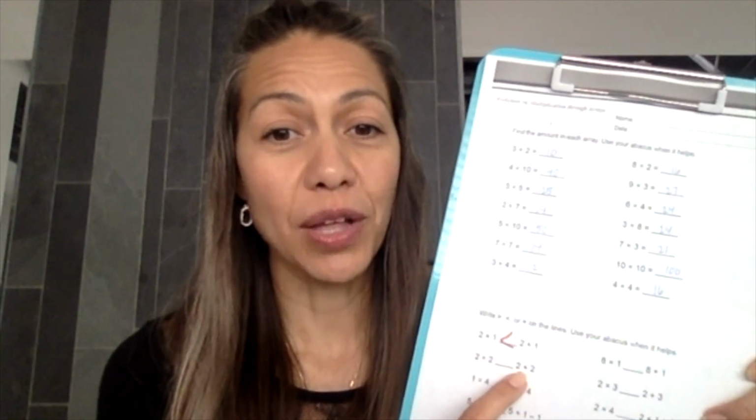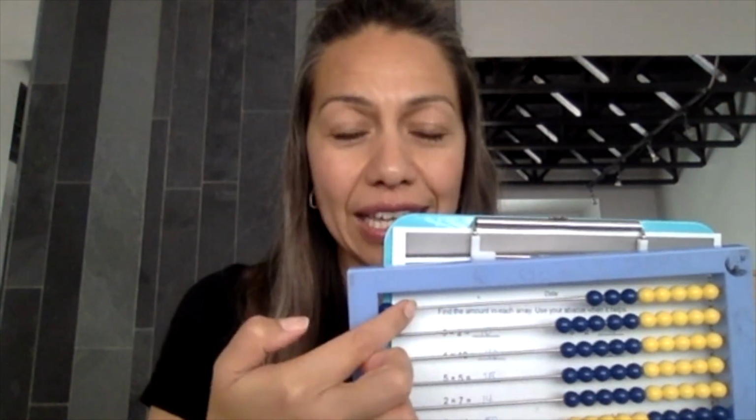I'm only going to do a few with you so that you can do the rest on your own and practice multiplying and adding and then comparing both of them. So the next one is 2 multiplied by 2 compared to 2 plus 2. So 2 multiplied by 2, I'm going to take 2, and it says to multiply it by 2.